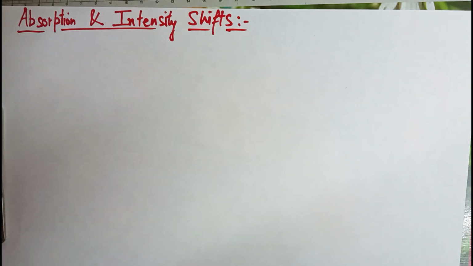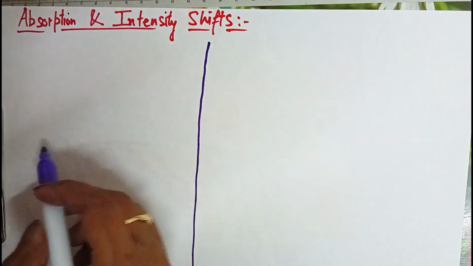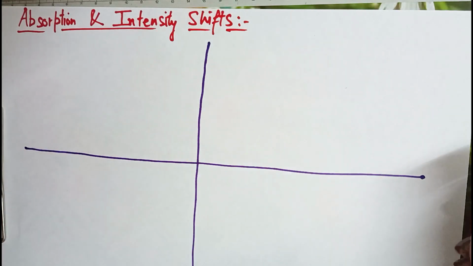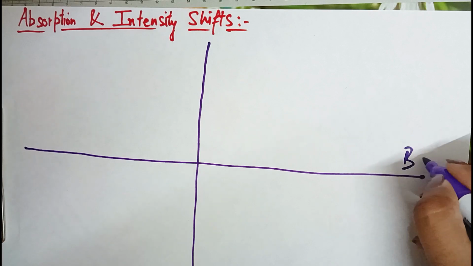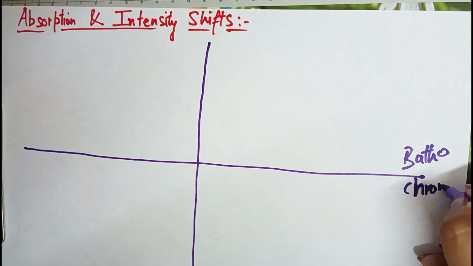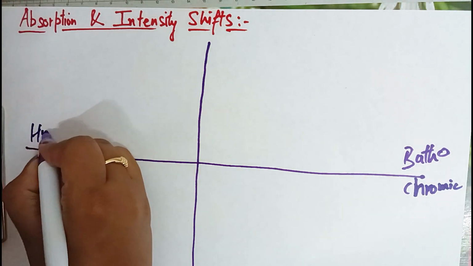So we were discussing the absorption and intensity shifts, and we have already discussed two types of shifts, right? Till now we have discussed the bathochromic and the hypsochromic shifts.